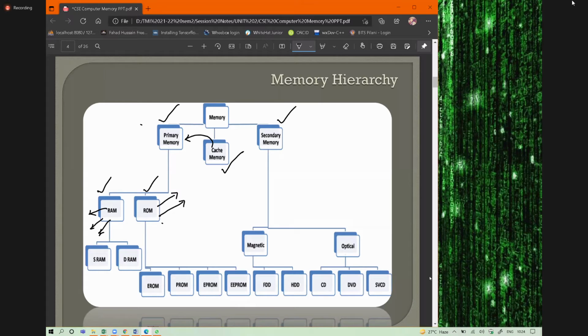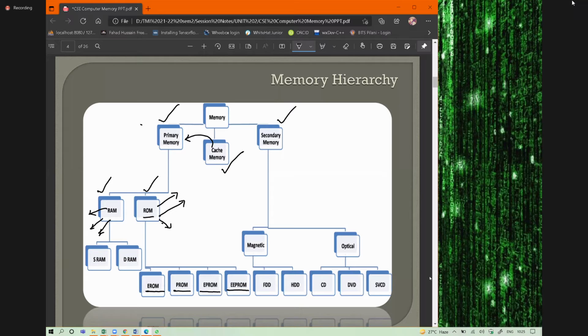Okay. So this ROM is further classified into erasable read-only memory, programmable read-only memory, erasable programmable read-only memory, electrically erasable programmable read-only memory. These are the types of ROM.